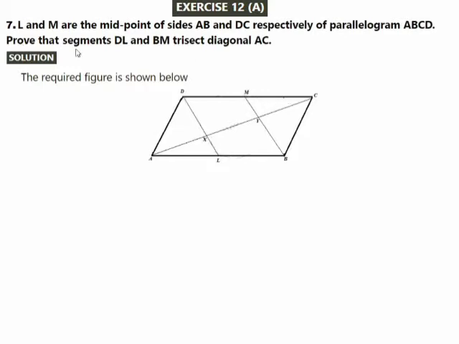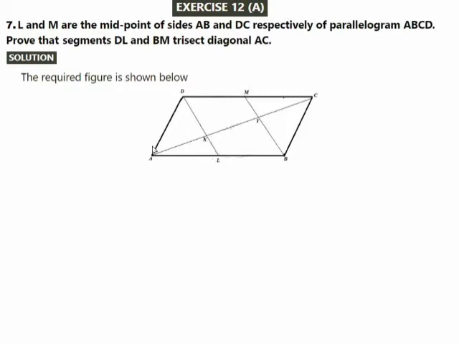Prove that the segments DL and BM trisect the diagonal AC. Join D and L, so you get this segment DL, and BM is this line. This is the diagonal, isn't it? The question says we need to prove that these two lines trisect this line.